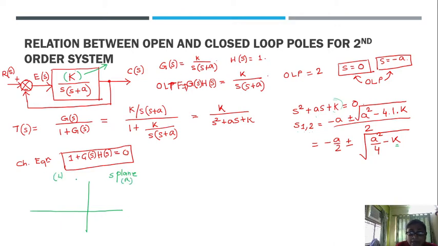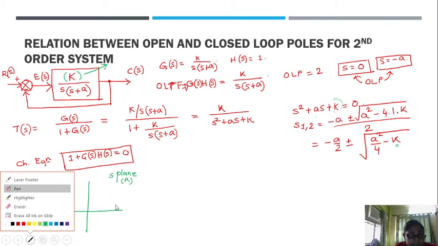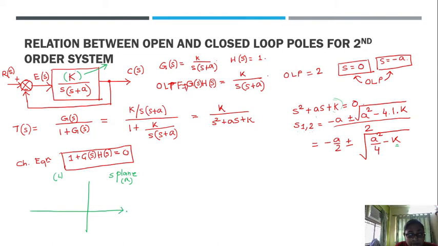This is sigma, the real axis, and this is the j omega axis. Now where are my open loop poles? Suppose they were at s equal to 0, that means here at 0, and s equal to minus a, suppose minus a is here. So these were two open loop poles.